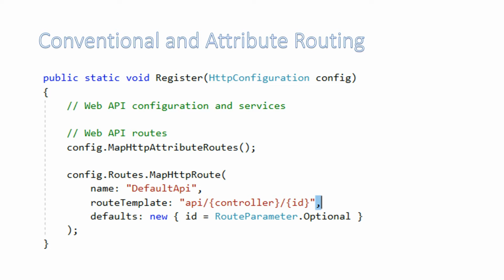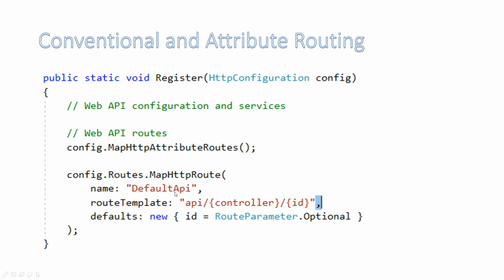If you see in this one, this one is the attribute routing enabler, and this one will enable conventional based routing. And config.Routes is a route table or route collection of type HttpRouteCollection.